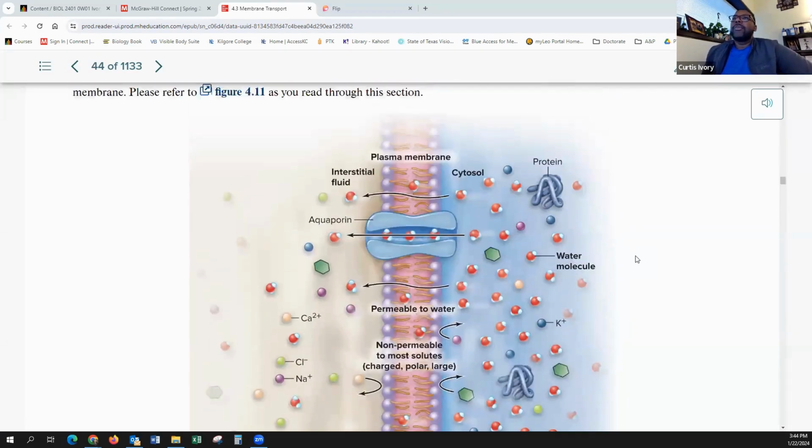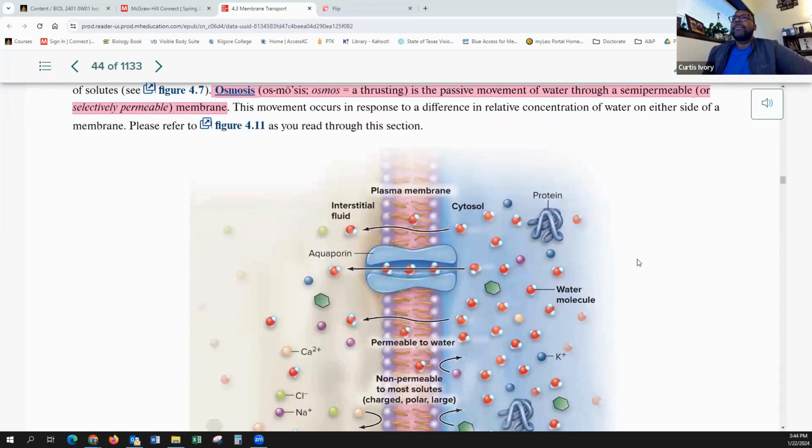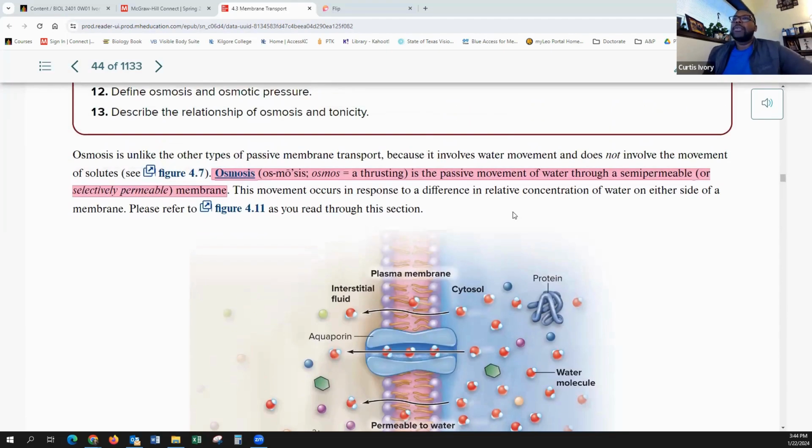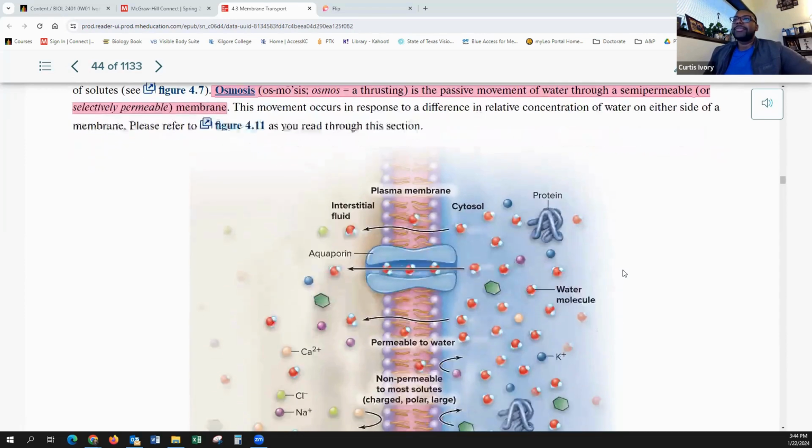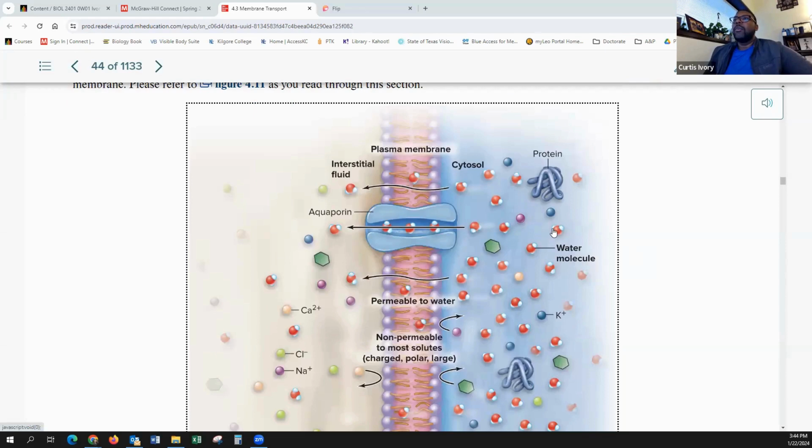So here's a really good representation of how our plasma membranes are working. You see a lot of osmosis, which is the passive movement of water through a semi-permeable membrane. Here we see water coming across what's called an aquaporin. If you think of what water is in Spanish, it's agua.